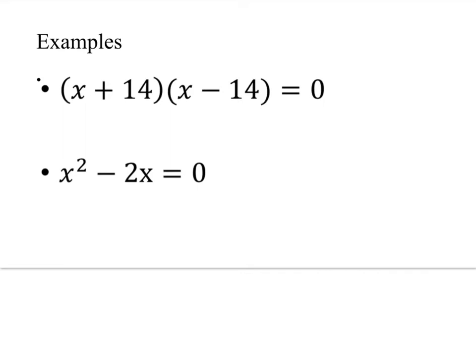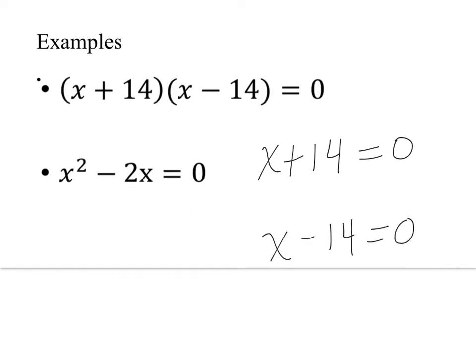Using that zero property, I know that either x plus 14 equals 0 or x minus 14 equals 0, or it might be both. In the first case, x would equal negative 14, and in the second case, x would equal positive 14. So there are two solutions.